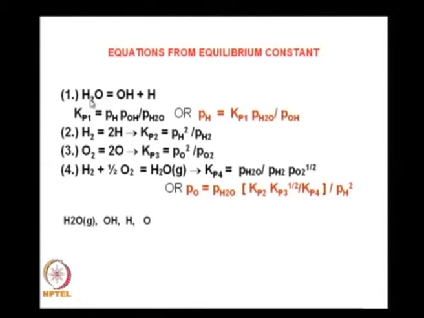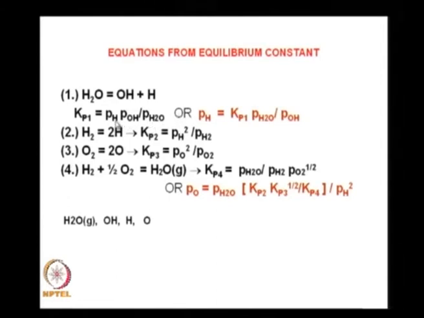Well, let us say I assume H2O could have dissociated to OH and H. If this is the case, then the value of the equilibrium constant for this reaction is equal to the partial pressure of OH into partial pressure of H divided by partial pressure of H2O. We said we could express it either as a concentration, which is Kc, or in terms of fugacity, but for ease we said let us use partial pressure itself.